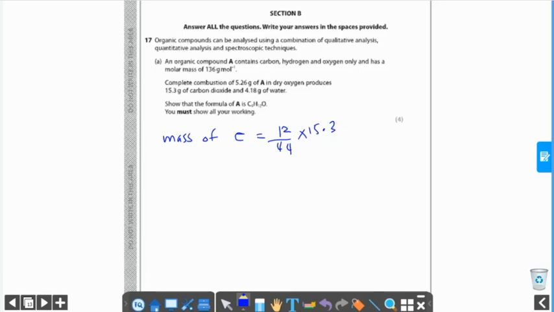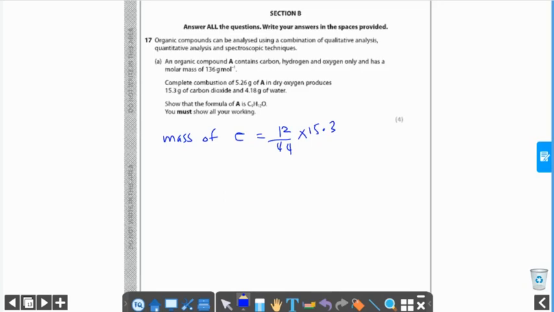So this amount will have how much? Likewise, you can calculate the rest of it.